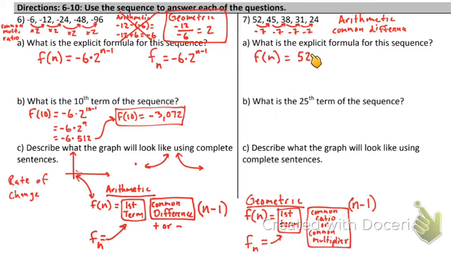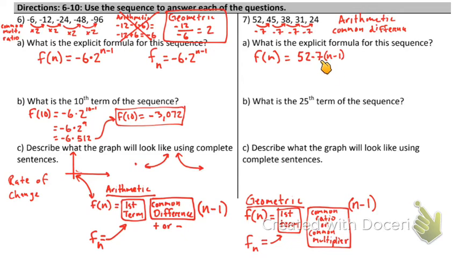Okay, 52, and then we're going to put the common difference. So we are subtracting 7. So I'm going to go minus 7. And then we're going to multiply that common difference by n minus 1. All right, this is actually the arithmetic sequence formula.